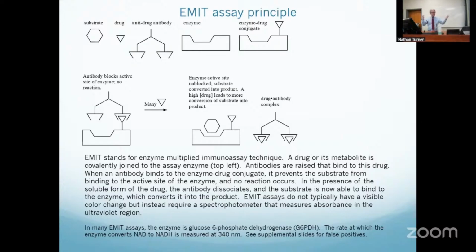We can't visually detect ultraviolet, but machines can easily detect ultraviolet absorption. And so the presence of the analyte brings about a release of the immunoglobulin, which then produces the UV change. Okay, that's how this assay works. And most of the drug testing for ingested substances, cocaine and morphine and things like that, work on this assay principle. But if you got nothing out of this slide, don't worry.